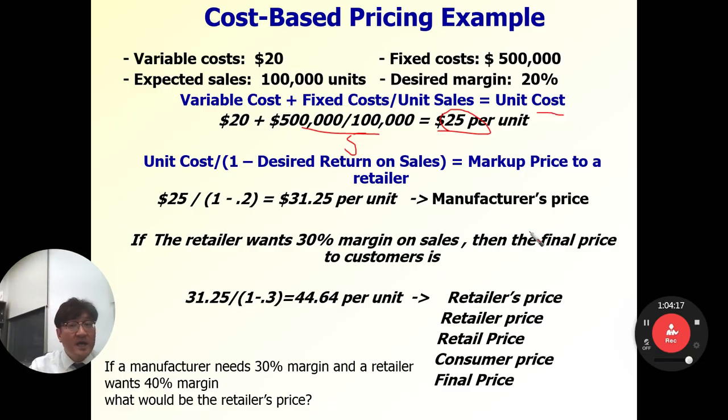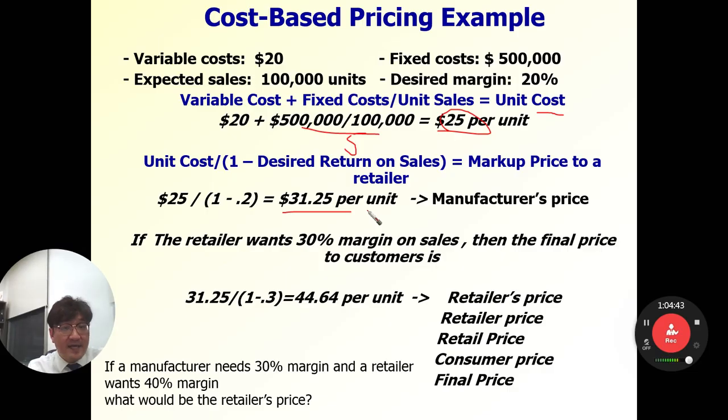Since we have the unit cost, to calculate the markup pricing you need to divide this unit cost by 1 minus margin on sales, which is 20%. So $25 divided by 1 minus 0.2 will give you $31.25.